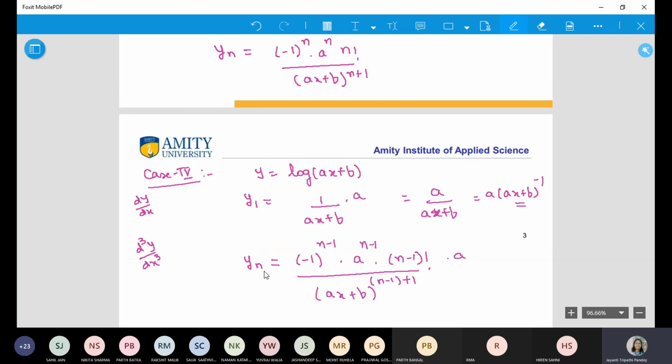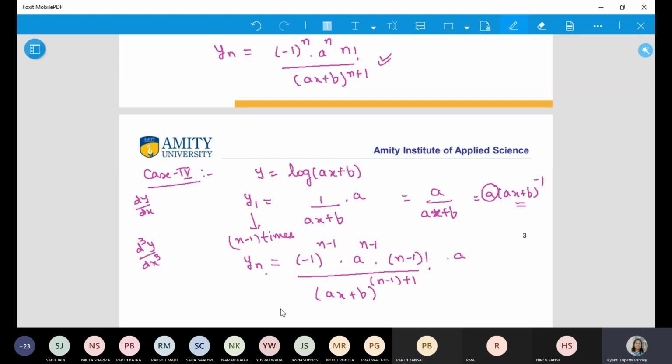You are looking for yn. So you have to differentiate it n minus 1 times. When you differentiate (ax plus b) to the power minus 1 n times, this was the formula, right? Now you're differentiating it n minus 1 times, you just put n minus 1 here. So I have put n minus 1 in this formula. And you have one extra a, which you got here. So that a is multiplied here. Is it okay now?